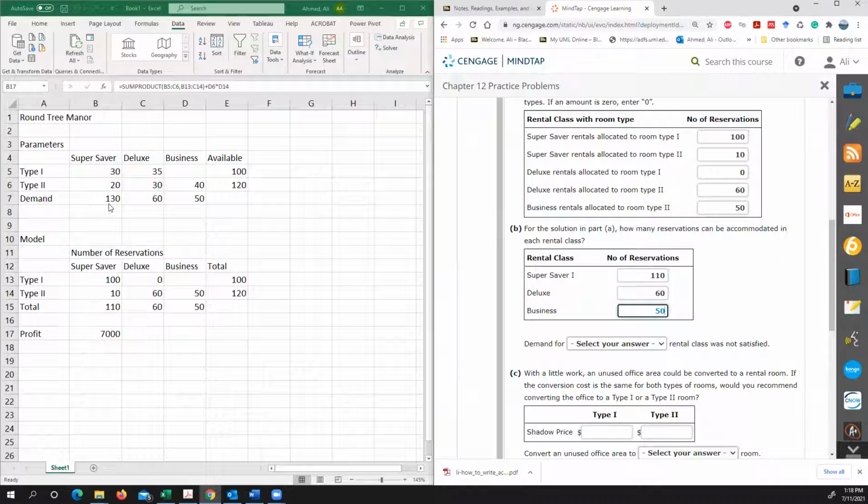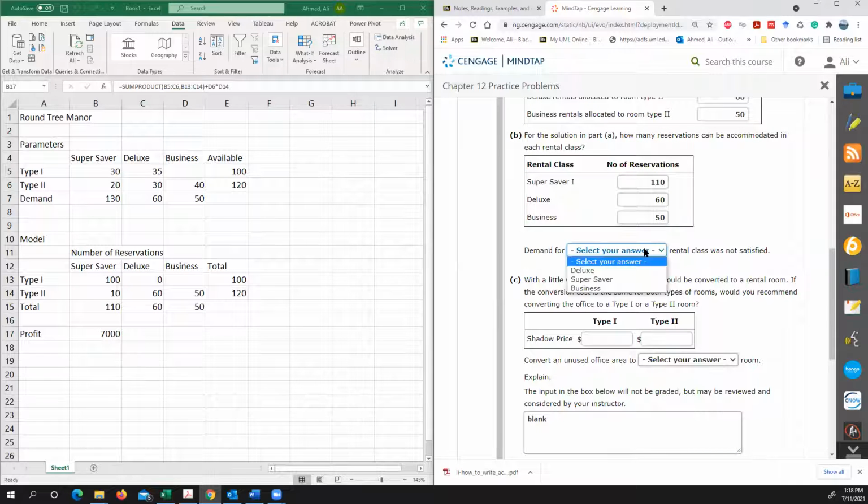Because if we keep adding Super Savers, there's still some room of demand. So there is a possibility that 20 more reservations must have come, but we just didn't take them because it's not profitable. Demand for Super Saver was not satisfied.